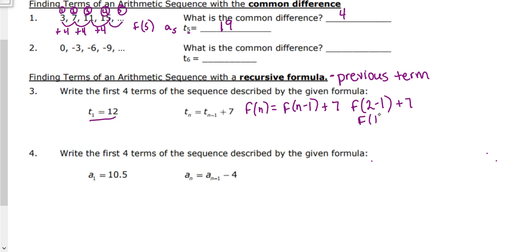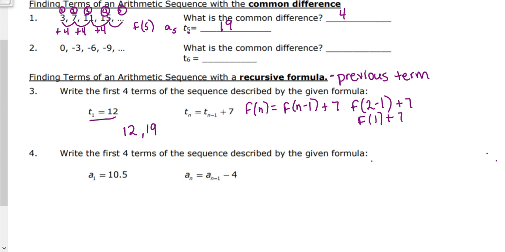So what this tells me is I'm literally taking my first term, f of 1, and I'm adding 7 to it. Well, we already knew that. So if my first term is 12, I'm just going to add 7 to that term, and that'll give me 19.